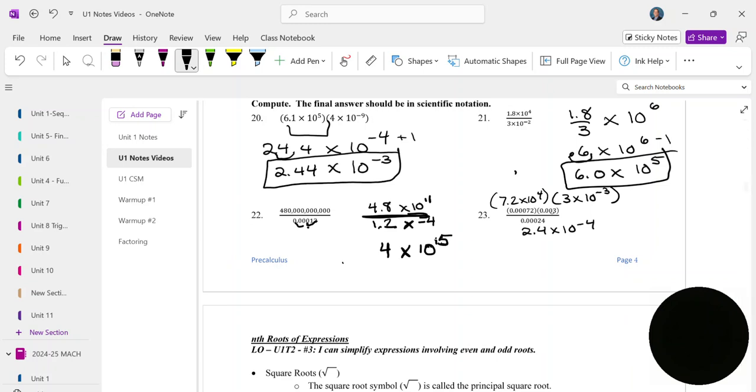So 7.2 times 3 gives you 21.6 times 10 to the 1st, right? And then 2.4 times 10 to the negative 4th. And then when we divide 21.6 divided by 2.4, you get 9. And then 1 minus negative 4 gives you 10 to the 5th.